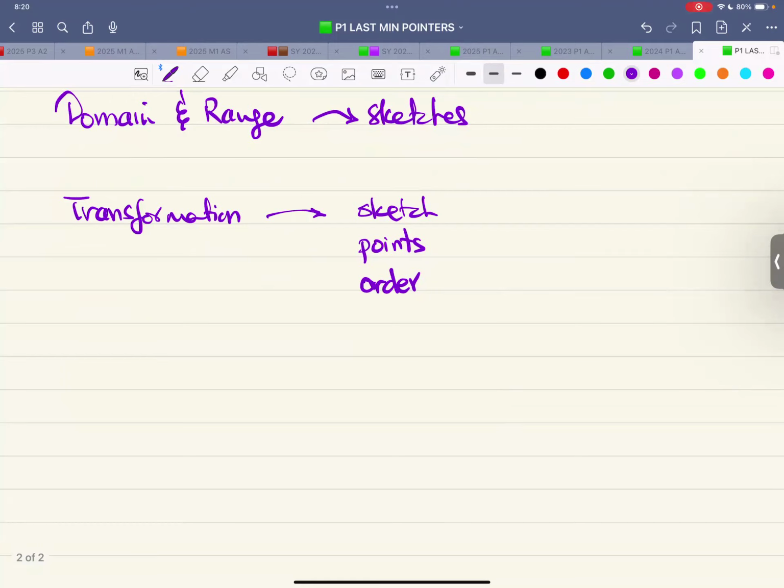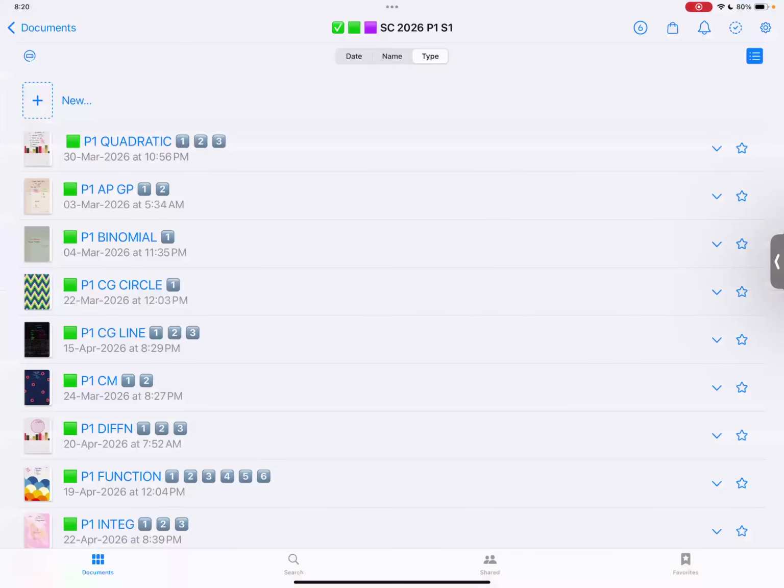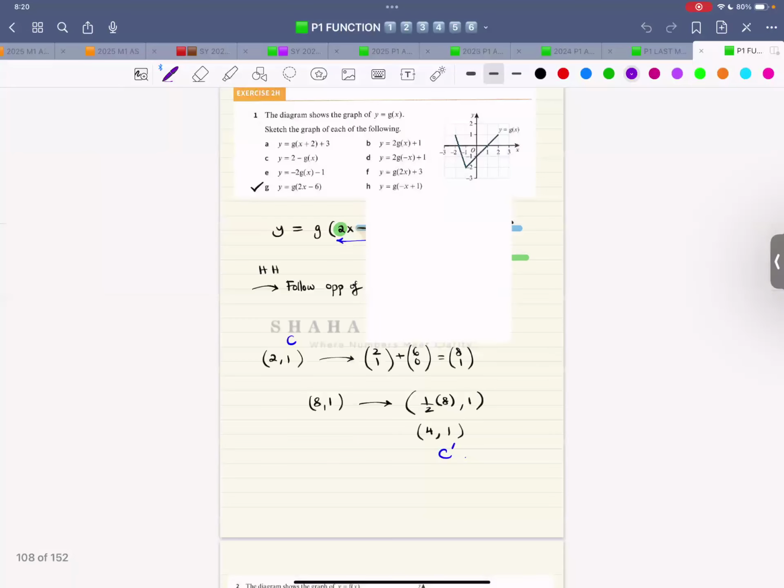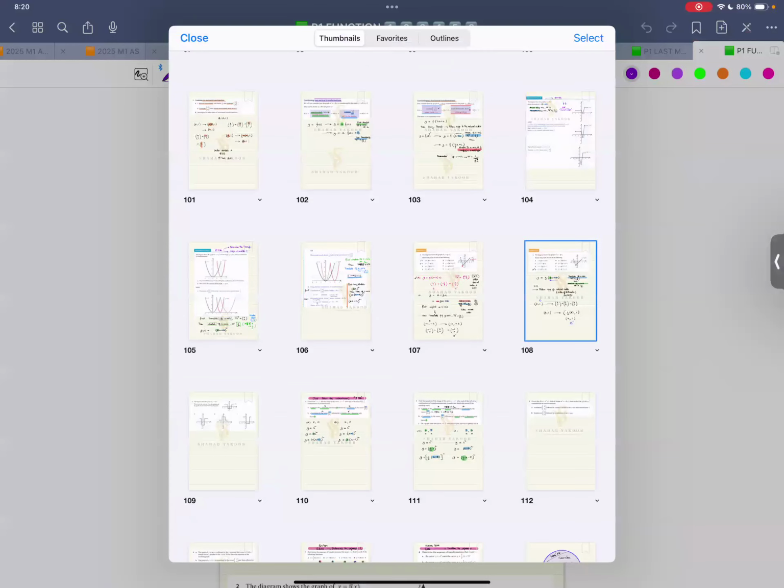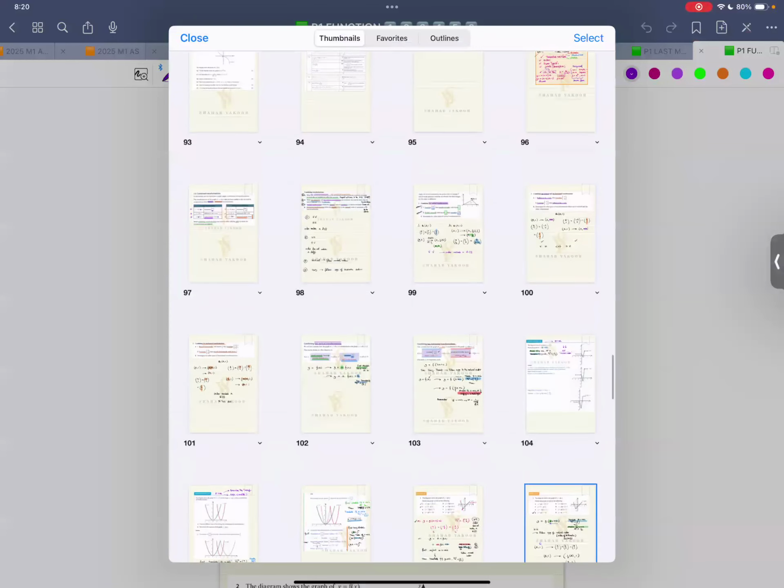What happens if it's a vertical transformation? What happens if it's a horizontal transformation, and so on. So let me just do one thing. Let me grab this functions idea and let me show you that image.